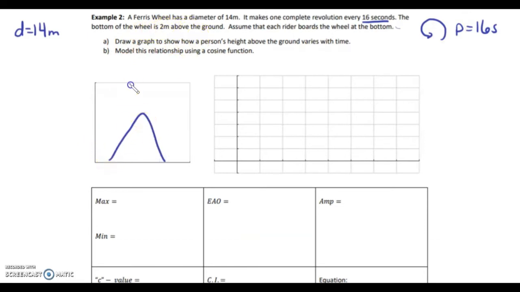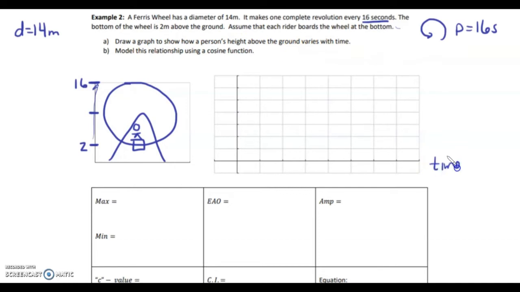So here's our Ferris wheel. This is 2. If the diameter is 14, I'm going to draw the maximum at 16. Assume each rider boards the wheel at the bottom. So of course the rider is going to get in here. Draw a graph to show how a person's height above the ground varies with time.